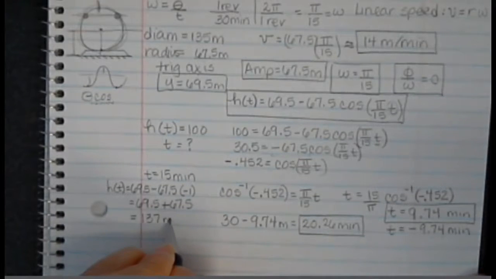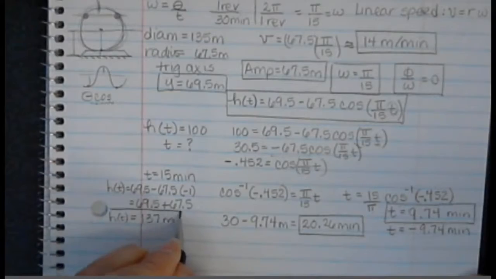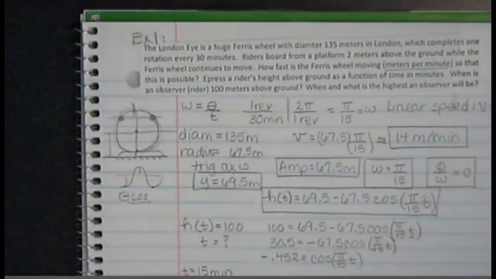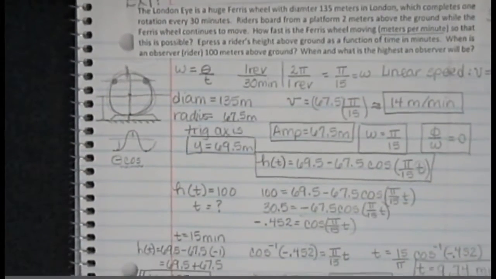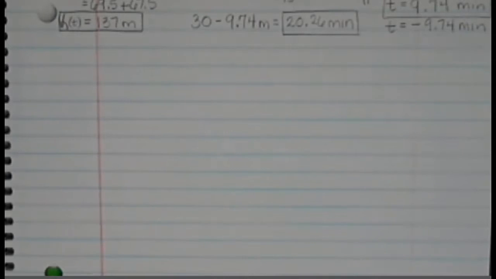Now, we could have figured that a different way, right? We know from the picture it was 2 meters plus the entire diameter. So we actually knew that without using our equation, but it's good to know that our equation works for our scenario. Let's continue page 34 by doing a couple more examples of solving trig equations.